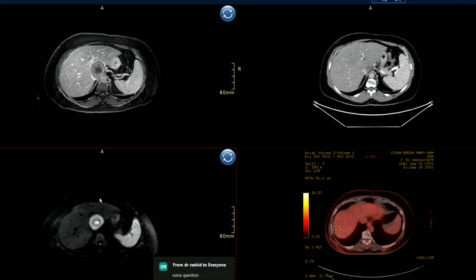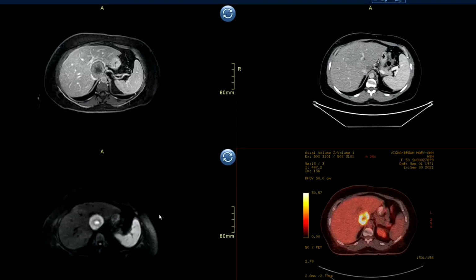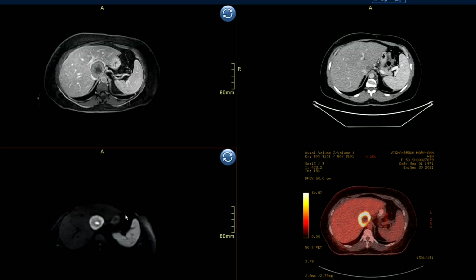Okay, ma'am. Next question is, when to do CT scan for breast masses? Never. So you have to do ultrasound, you have to do mammogram, you can do tomosynthesis. I didn't have any tomosynthesis image here, but in tomosynthesis you scroll through the images up and down, and then you see better depiction of the abnormalities.